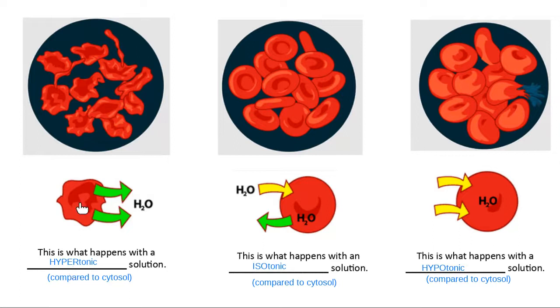So there's more water in those cells than on the outside, making it leave. So hypertonic and hypotonic, neither of them are good for your cells, because the cells are either giving their water away or getting too much water. The amount is the same inside and outside when we're in an isotonic solution.